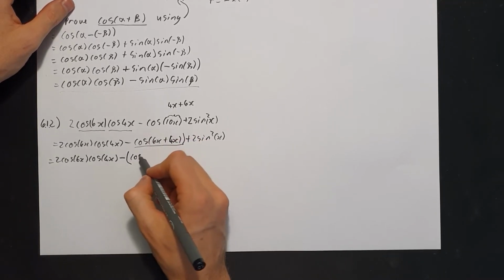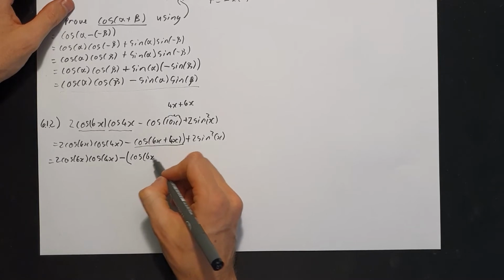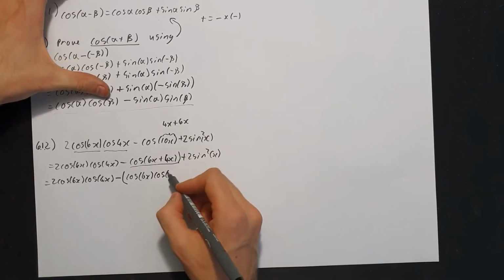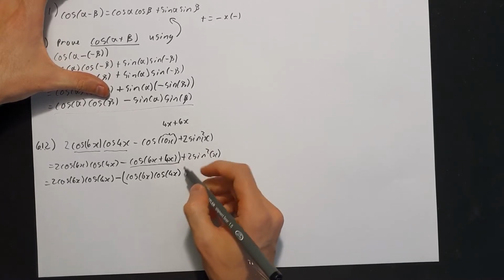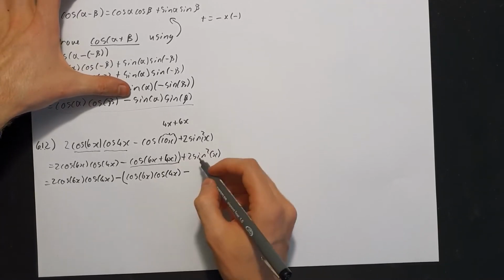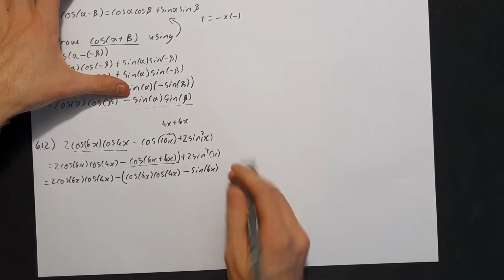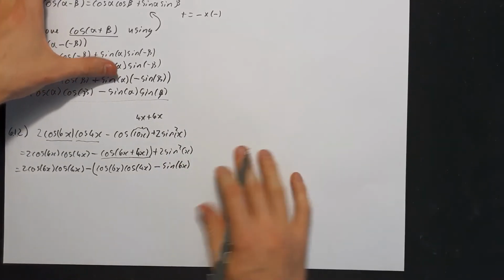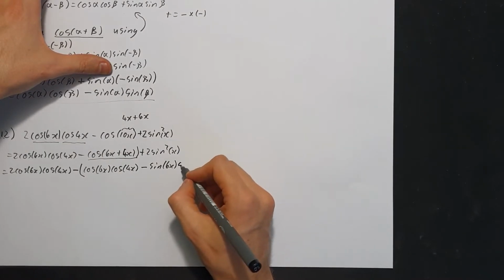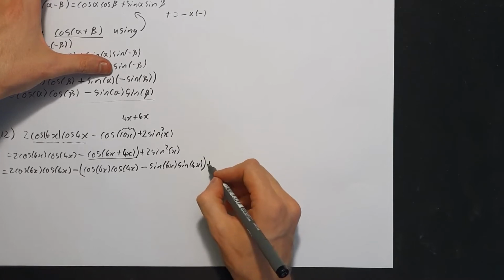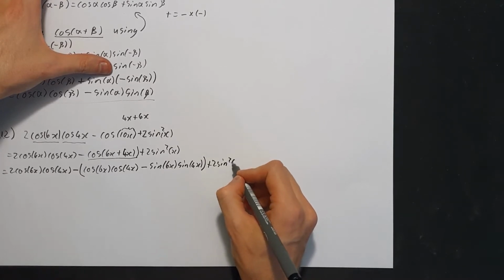That's going to be cos, alpha is 6x, cos beta is 4x, then minus sine of 6x, sine of 4x, close bracket, plus 2 sine squared x.